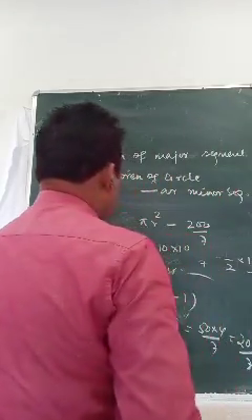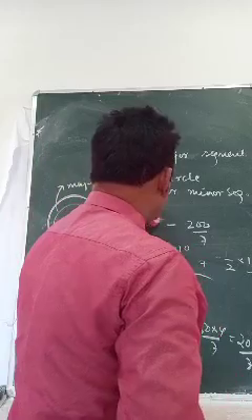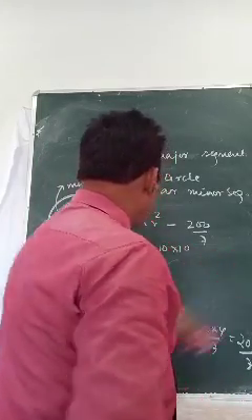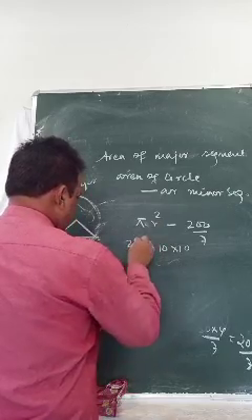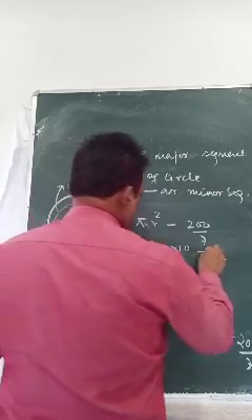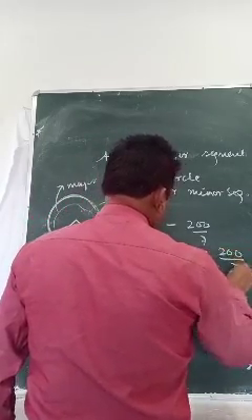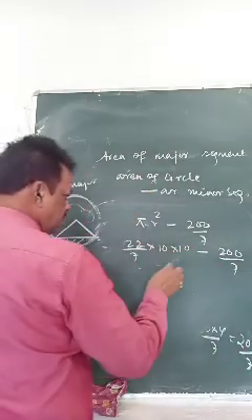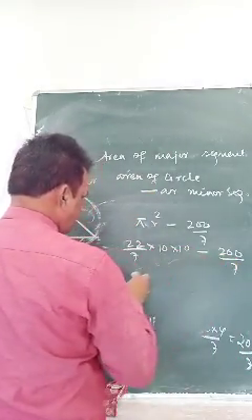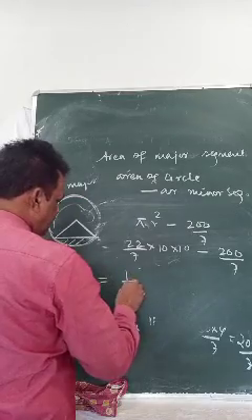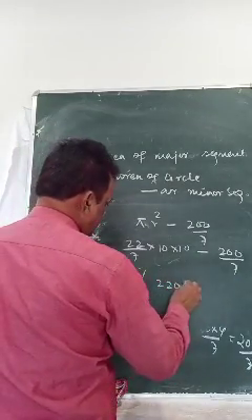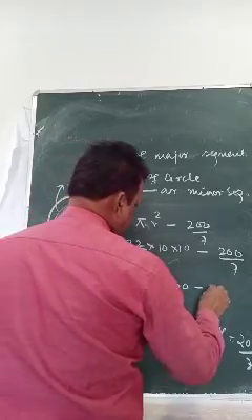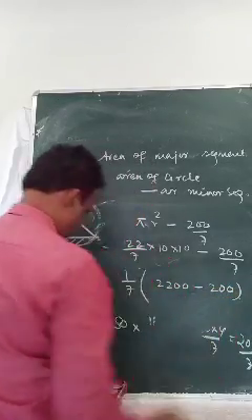Okay. Minor segment, so pi r square 22 by 7 minus 200 by 7. So what is common? 100, or if you take 1 by 7 common, this is 2200, so 2200 minus 200.